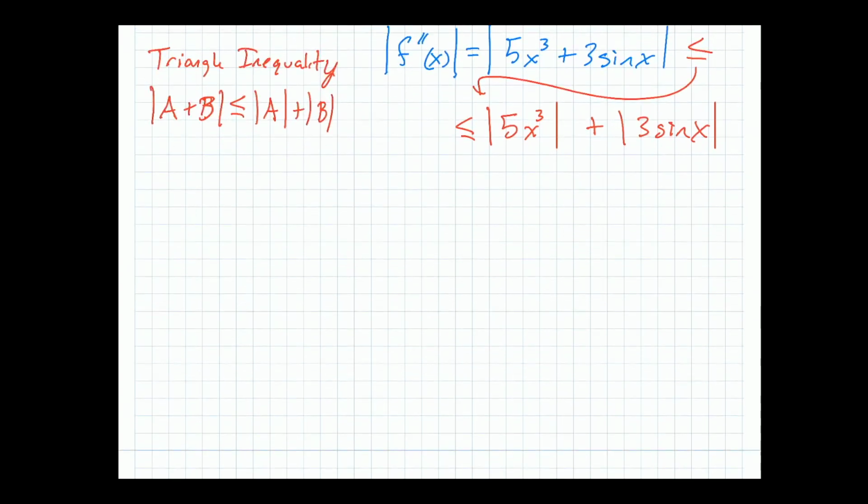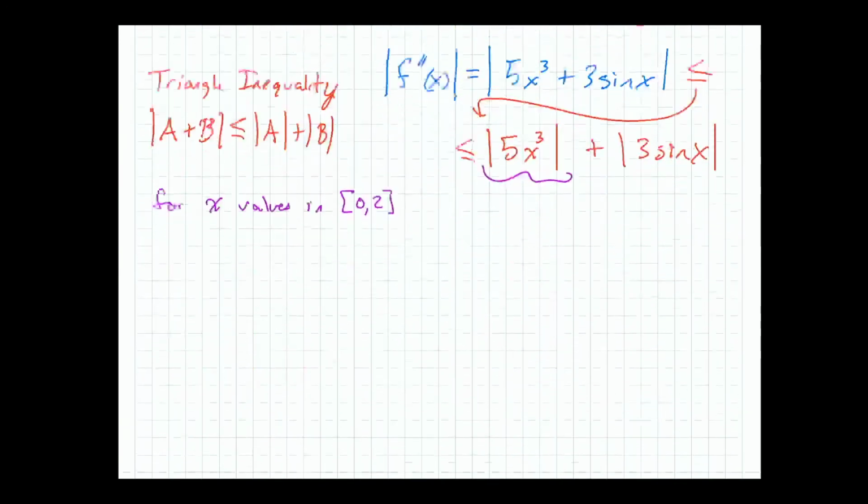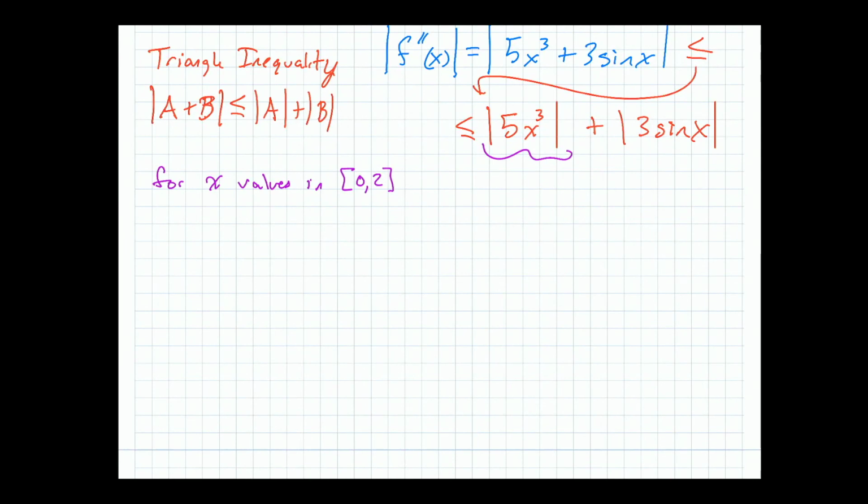So just think about this one right here, for x values in 0 to 2, right? That's the a and the b, 0 and 2. How big can 5x cubed get?